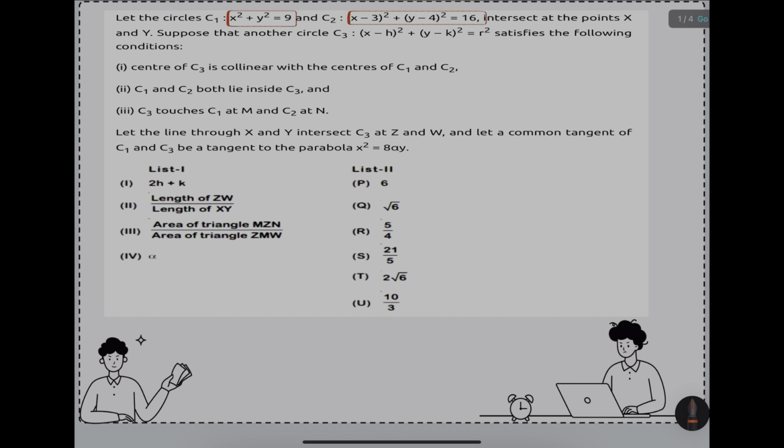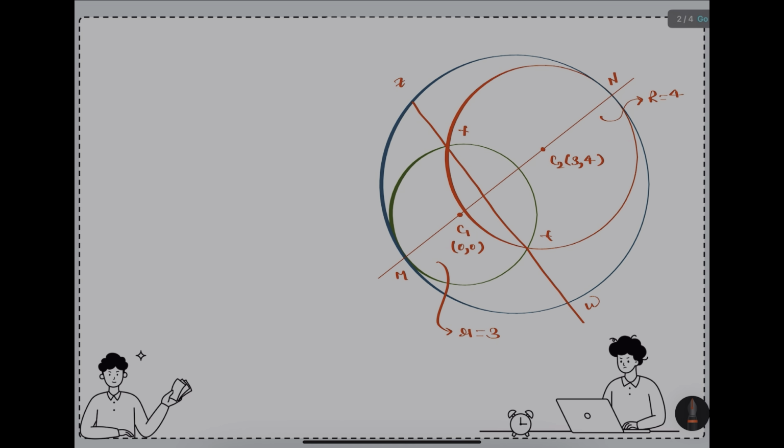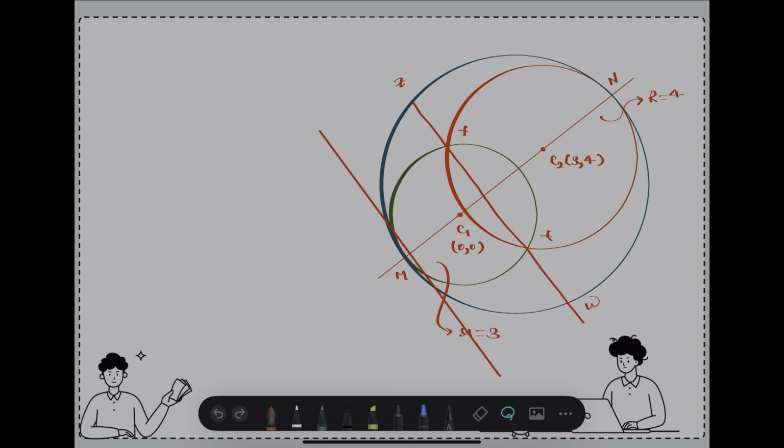Now let a common tangent of C1 and C3. So you have to draw a common tangent to C1 and C3. Assume that this is the tangent.